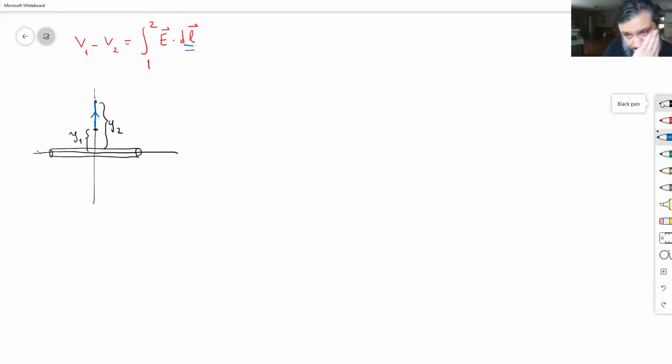It's a line integral. So let's remember E. This was 1 over 4 pi epsilon 0, no, not q over 2a, q over y square root of a squared plus y squared. This was the electric field.